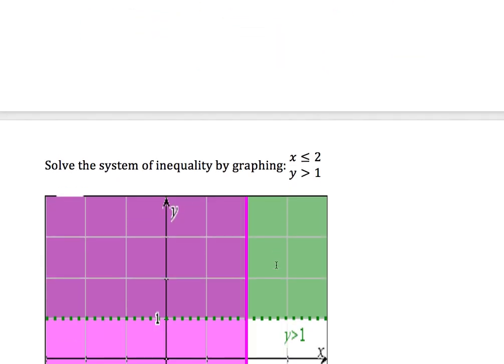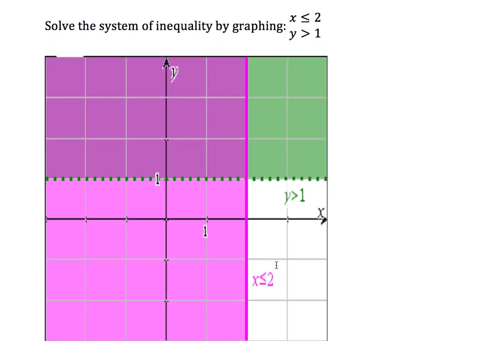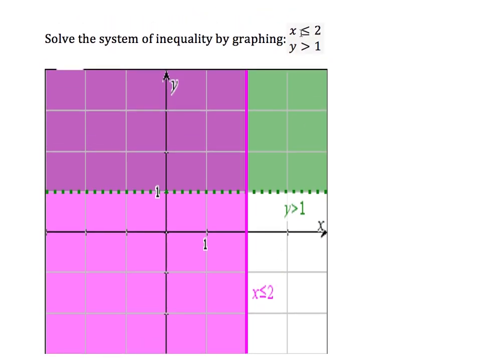All right, let's look at this next one. Solve this system of inequalities by graphing. These are your two formulas. Remember, if you don't have a y variable, if it's just x is less than or equal to 2, then you're going to find the 2 on the x-axis and just draw a straight line.